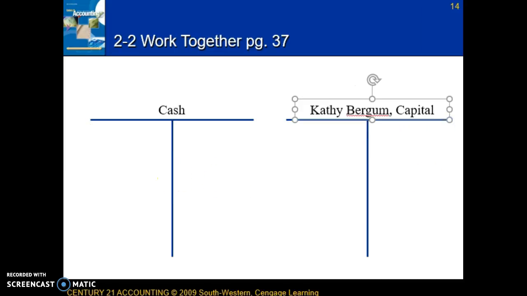So 2 accounts. In our transaction, we received cash from owner. So we know cash is going to be increased. And since cash is a debit, it's going to be increasing with a debit. So debit on the left side here. And our capital account is also increasing. Our capital account is owner's equity.